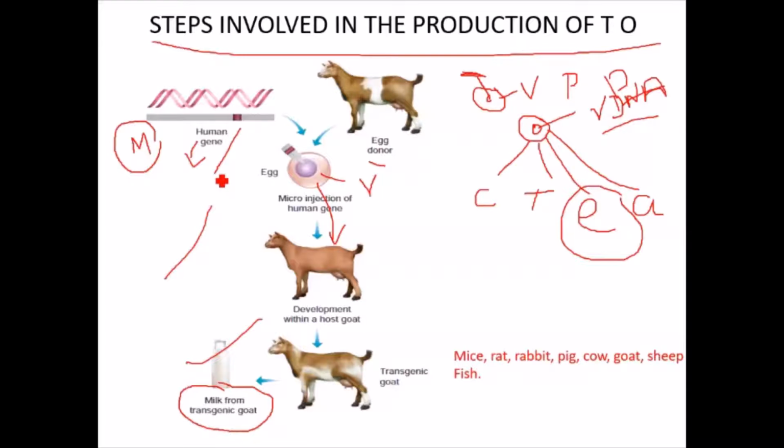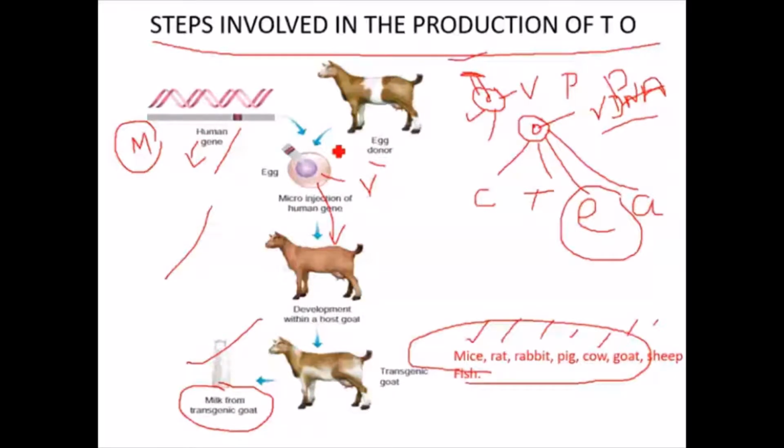You keep the desirable gene in a particle gun and shoot directly. The gene is injected into the embryo, adult organism, tissue, or cell. That is called the direct method. Nowadays mice, rat, rabbit, pig, goat, cow, sheep, and fish have all been produced by the transgenesis method. Any doubts?